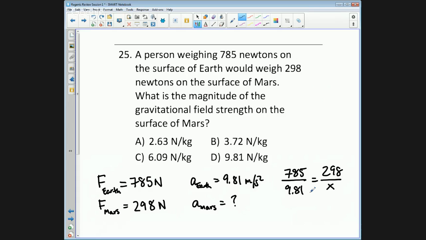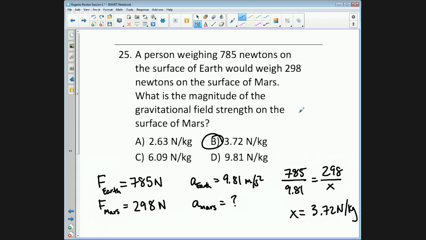Where's my calculator? Okay, solving for x here, we get 785 divided by 9.81, and then 298 divided by 80 equals 3.72. So the answer here is B. x equals 3.72 newtons per kilogram.